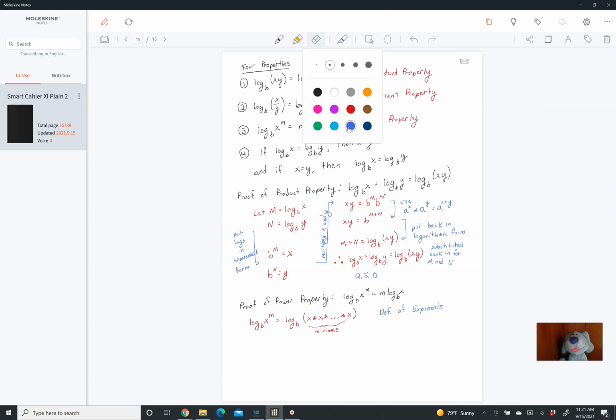Well, we know from the product property that we can split this into separate logs, right? So this is really just equal to log base b of x plus log base b of x plus log base b of x, m times.